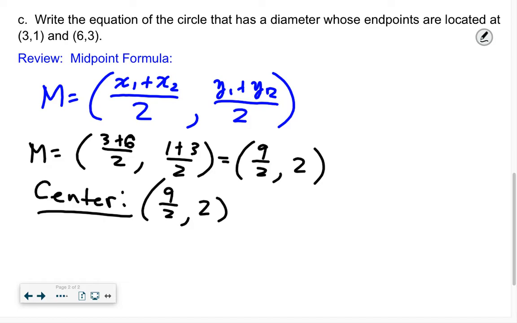Doesn't matter to me. And what are we going to use to find that? Yeah, distance formula. Could we find the distance between these 2 and then divide by 2? What would be the benefit of doing that? It's actually an additional step because you have to divide by 2.